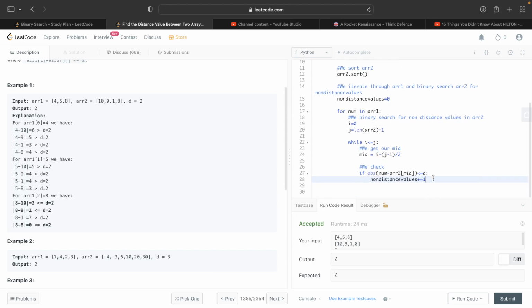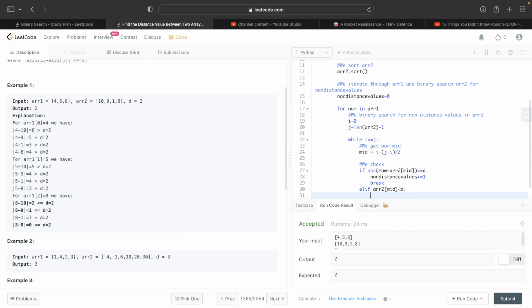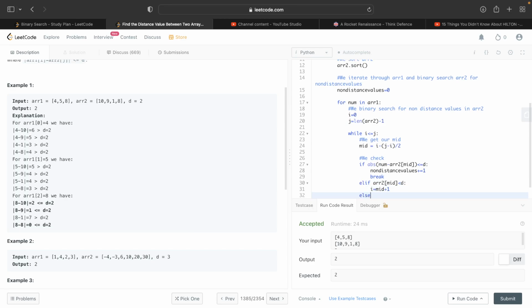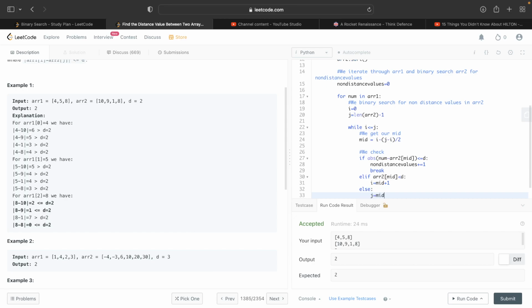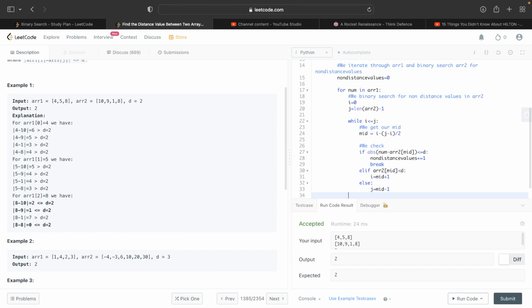And at this point, we can even break. Elif arr2 at mid is less than our value, then i is equal to mid plus 1, else j is equal to mid minus 1.